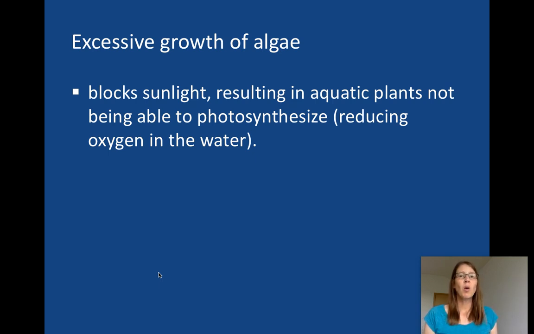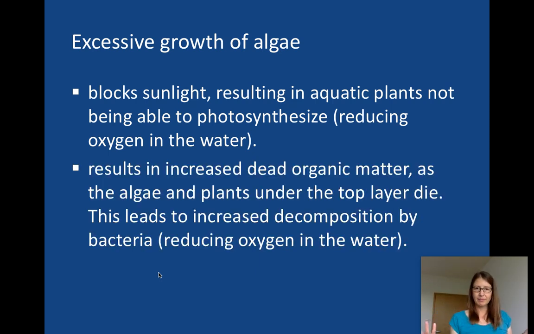And so the algae starts growing because aquatic algae, plants, and other things really like that extra nitrate and phosphate boost. Well, when you get that excessive green algae mat, that's going to block sunlight for the aquatic plants underneath, so they can no longer photosynthesize. If plants can't photosynthesize, the byproduct of photosynthesis is oxygen, right? So we're going to have less oxygen in the water to begin with. Well, if you have less oxygen in the water, plants are going to die, because they can't photosynthesize.